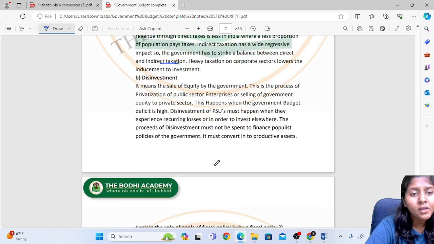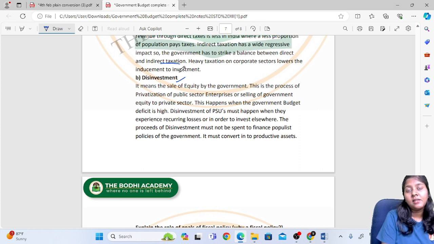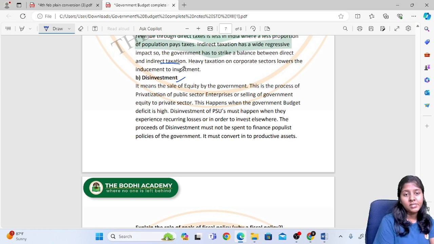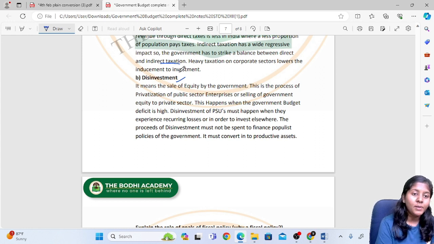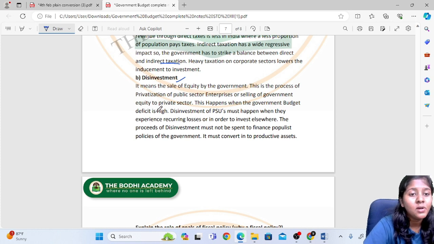The next thing is disinvestment. Here in disinvestment, they sell the government equity. The ownership is sold to a private sector enterprise. So this is the process of privatization of public sector enterprises, where they sell the government equity to a private sector. This happens when the government budget deficit is high, when the government expenditure is too high.